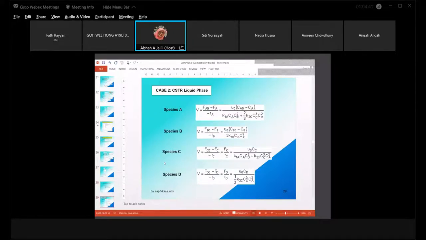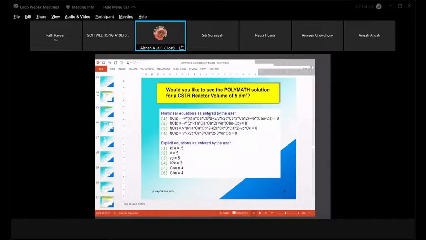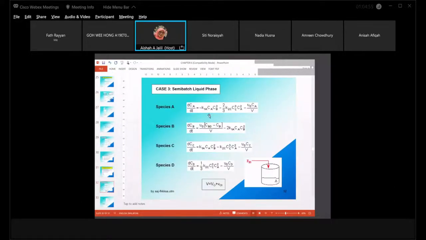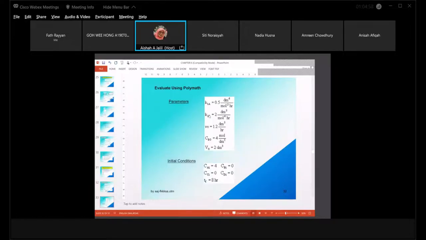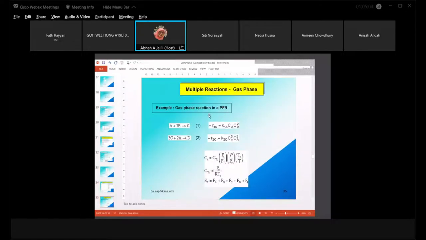Okay, this is for the liquid phase reaction. Okay, this is for the CSTR. So you have to use the CSTR model equation. Okay, then all the same. Okay, semi-batch is not included. And then this is for Polymath. This is a gas phase reaction for the PFR.